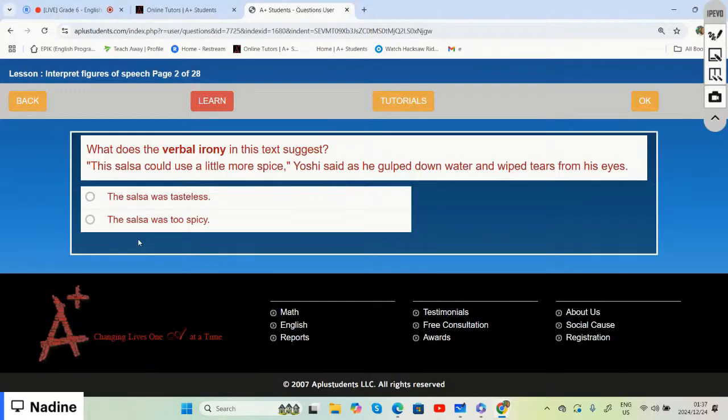So we must choose the correct option, either option one, the salsa was tasteless, or option two, the salsa was too spicy.